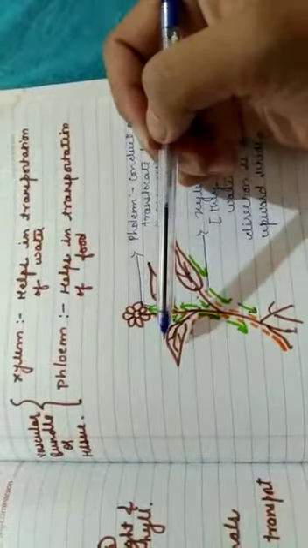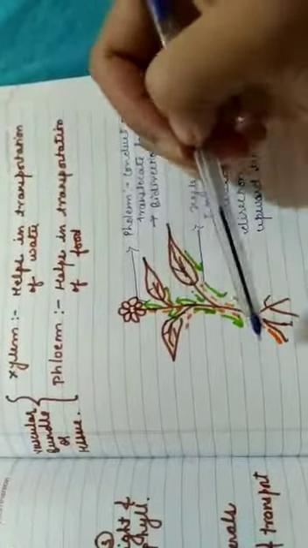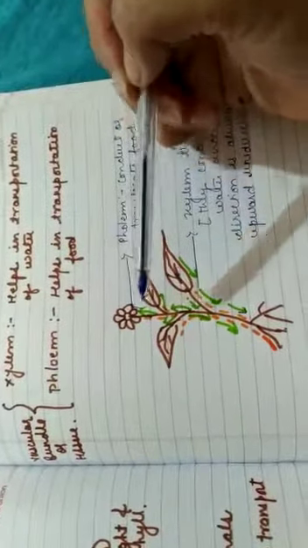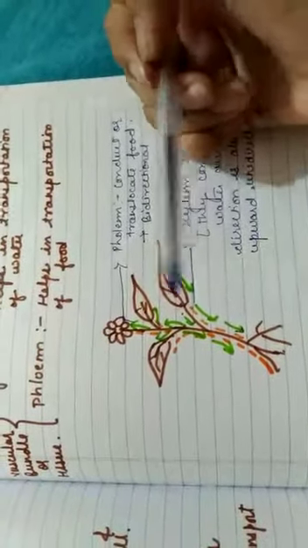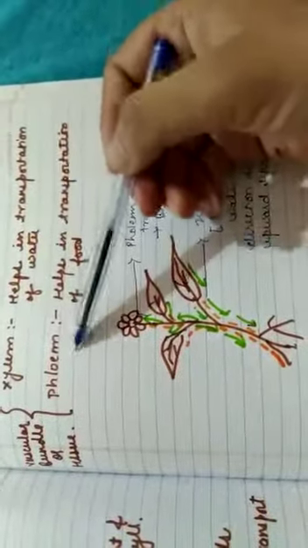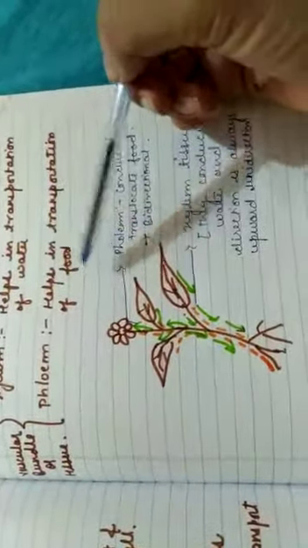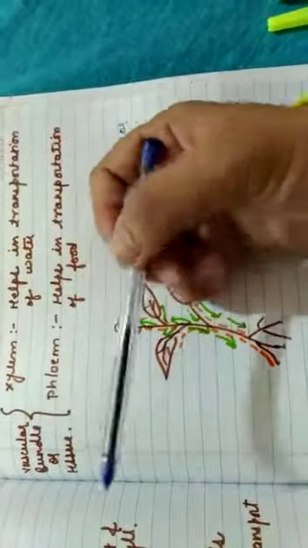The difference between xylem and phloem is that the xylem is unidirectional and the phloem is bidirectional. And the major difference is that the xylem conducts water, whereas the phloem transports food to different parts of the plant. Both of them together are known as vascular tissue or the vascular bundle of the plant.